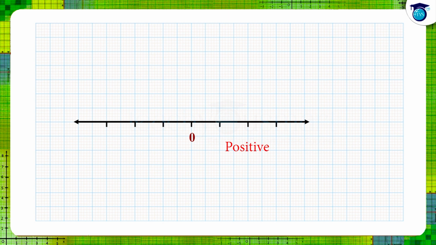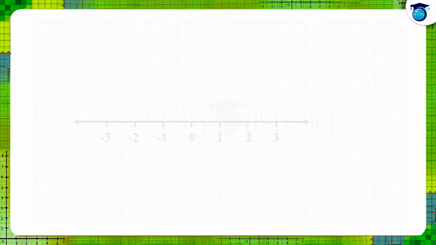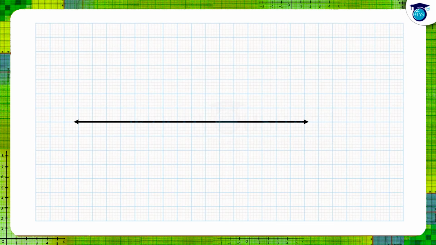Positive numbers are marked on the right side of the origin at equal distances of 1 unit. Negative numbers are marked on the left side of the origin at equal distances of 1 unit. Hence, a number line is used to represent numbers by marking points on a line at equal distances.